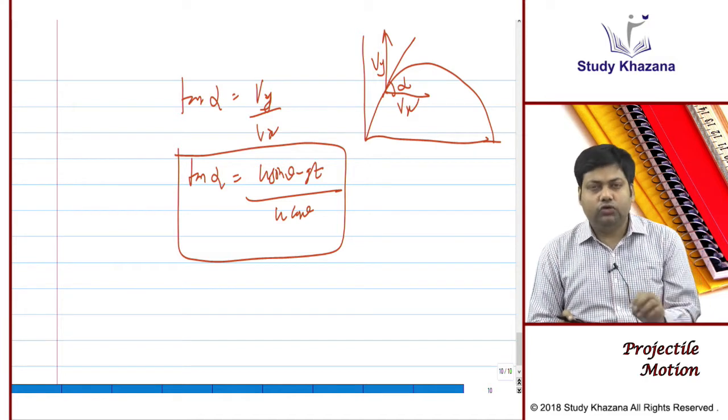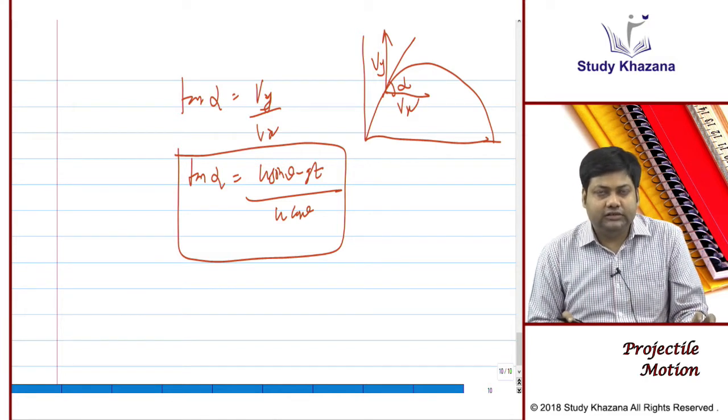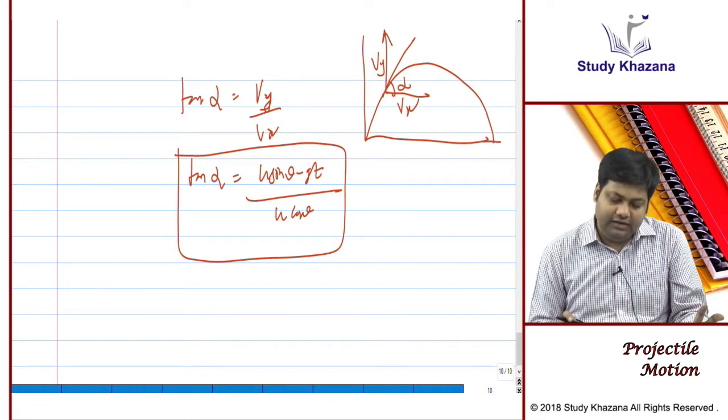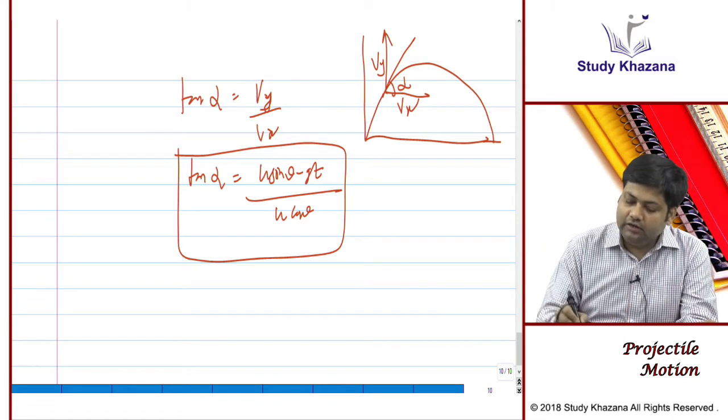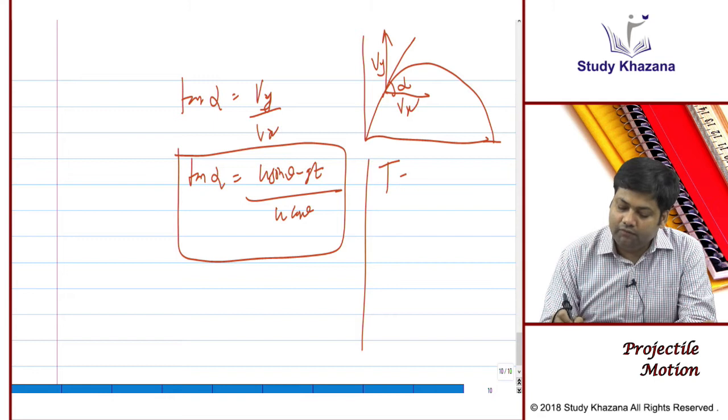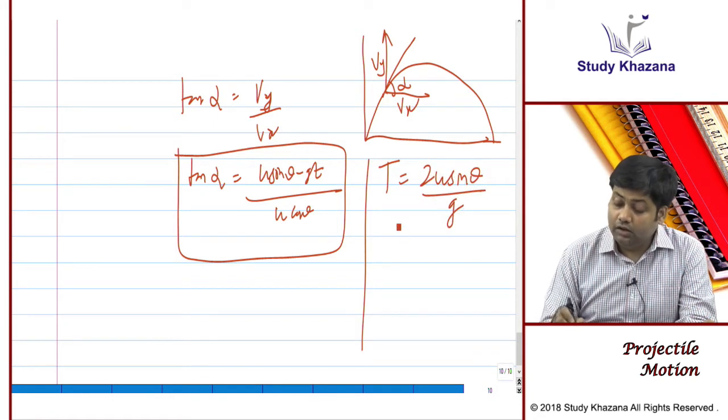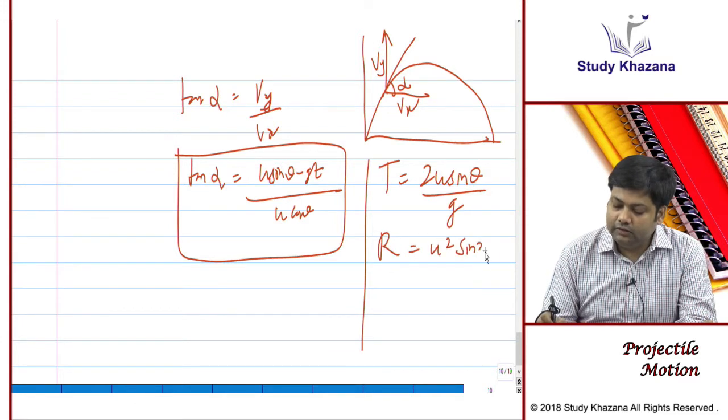So the important results that we have got are: the time of flight, 2u sine theta by g. We have also got the range, u squared sine 2 theta by g.